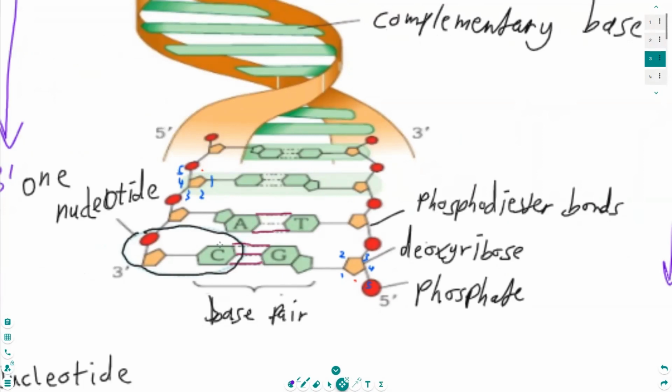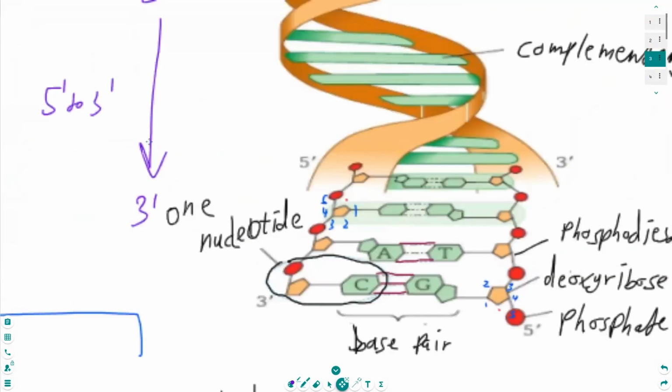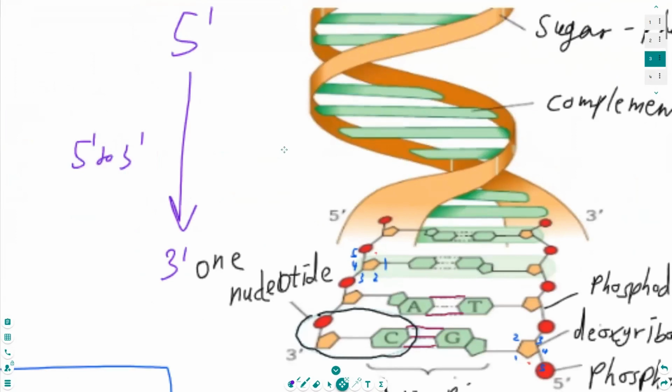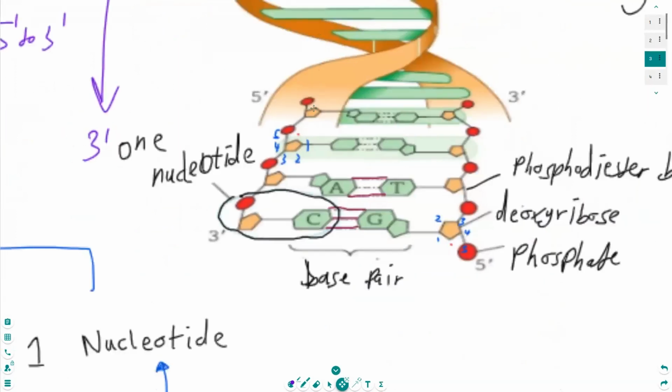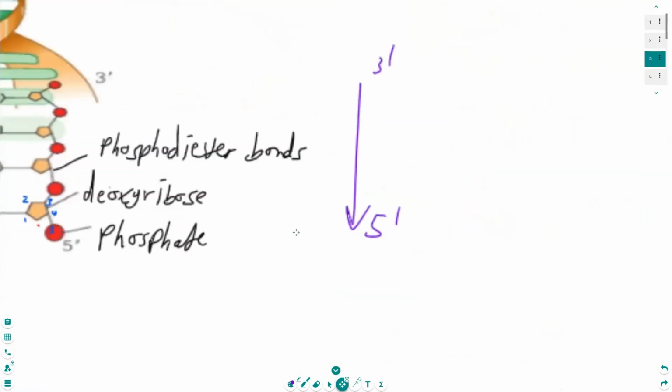But if we say everything is 5 prime to 3 prime, then this one will be going down like this. If we put the 5 prime to 3 prime direction on this strand, let me denote it with a dashed line, it's actually going in the other direction.